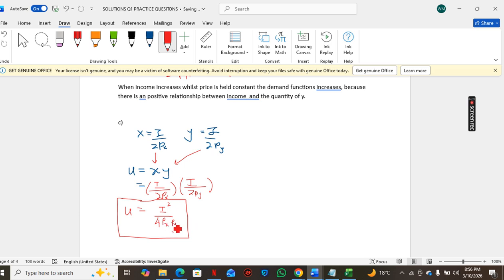But here you can't simplify it further, sir. Okay, sir. Yes, it just remains like this. Okay. So this expression is what you call your indirect utility function, which will give you the maximum utility you get when you consume the two goods.